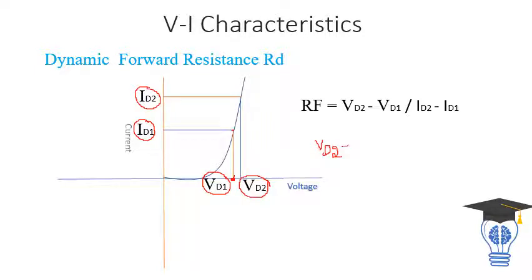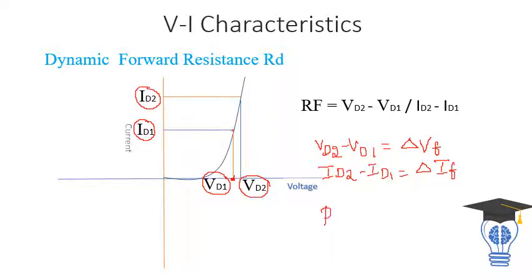VD2 minus VD1 is the change in forward voltage, and ID2 minus ID1 is the corresponding change in forward current.